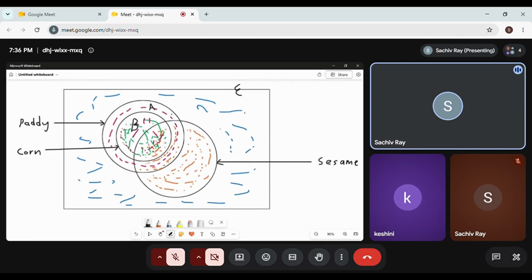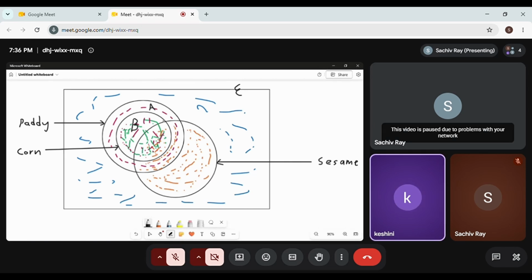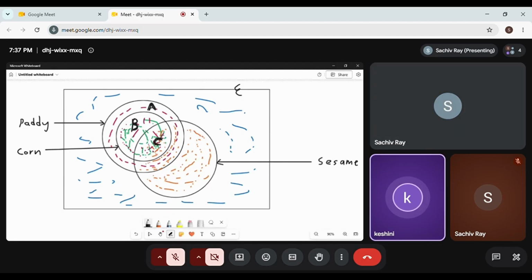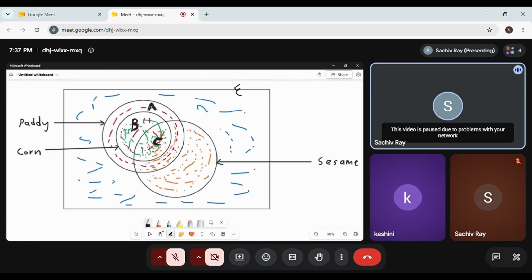All three, right? That's C. Okay. What about D? Farmers who cultivate paddy and sesame, but not corn. Pink and orange both, right? So that will be D.